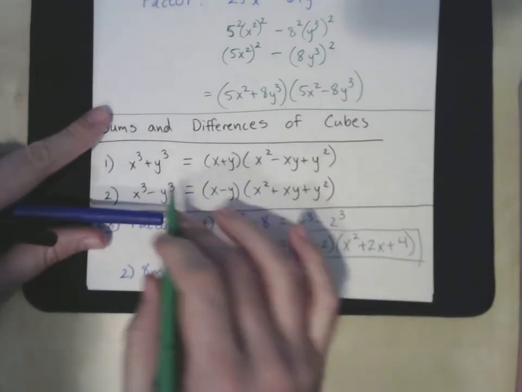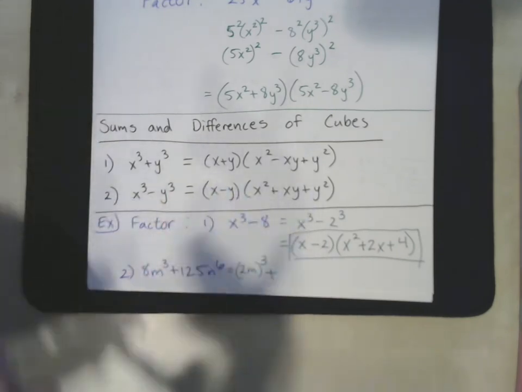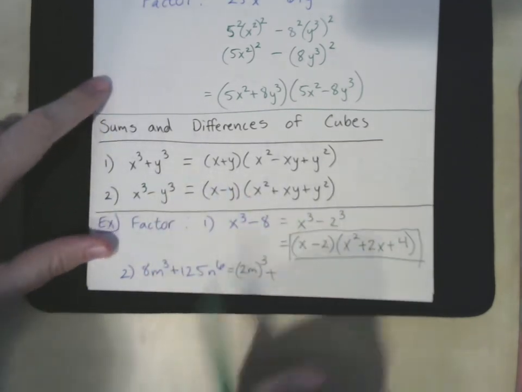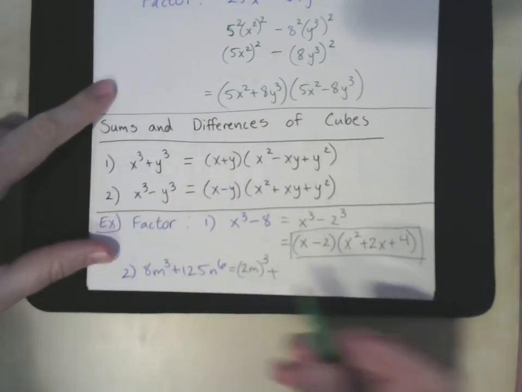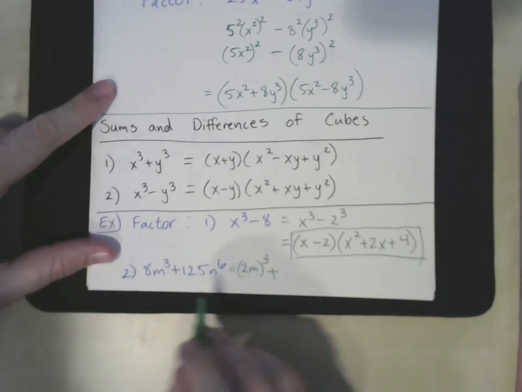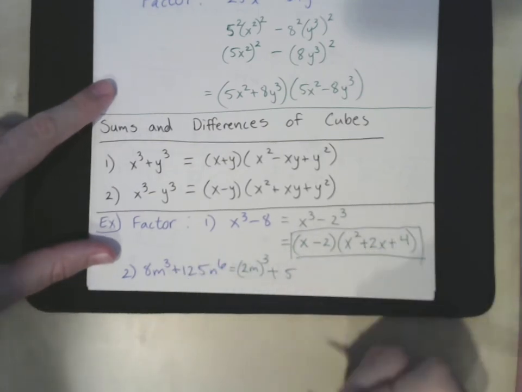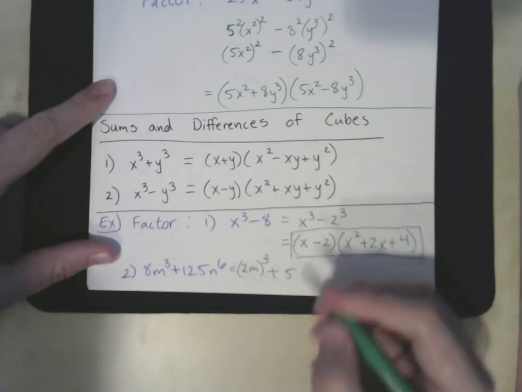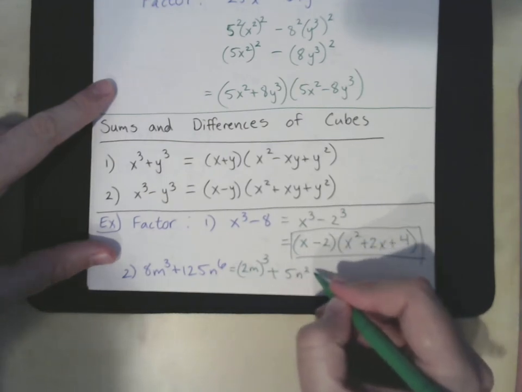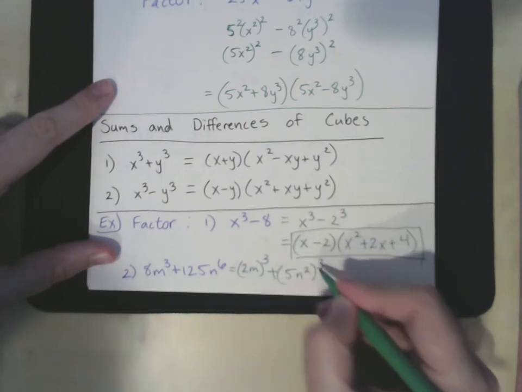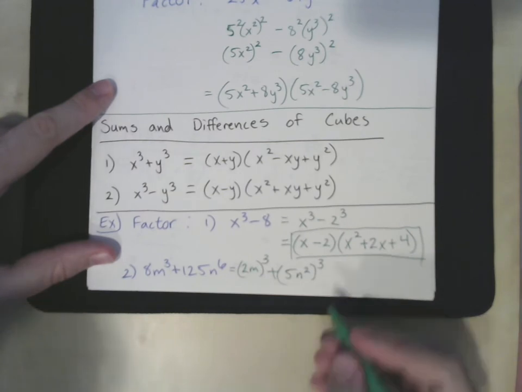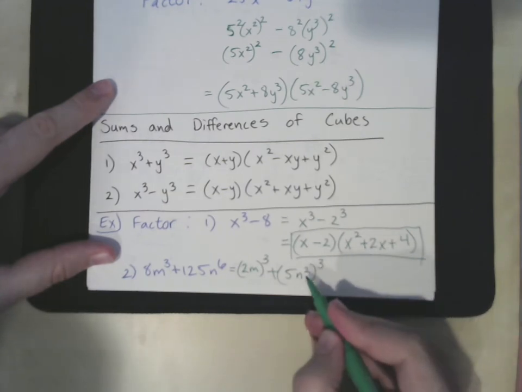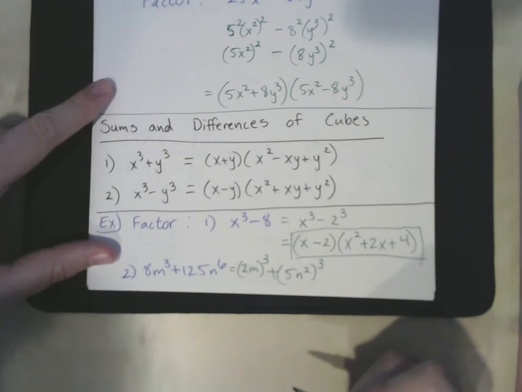It's a plus, so we're thinking sums of cubes, not differences of cubes. And the perfect cube here, 125 is actually 5 cubed, and n to the 6th is n squared cubed. Because when we raise exponents, we multiply.